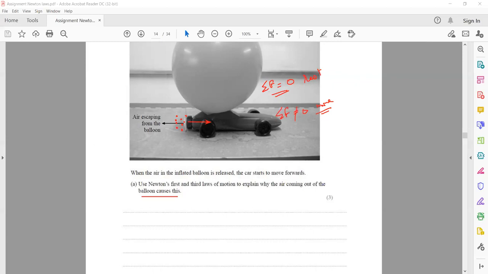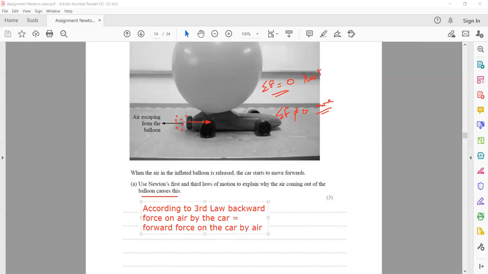According to Newton's third law, the backward force on air by the car is equal to the forward force on the car by air.